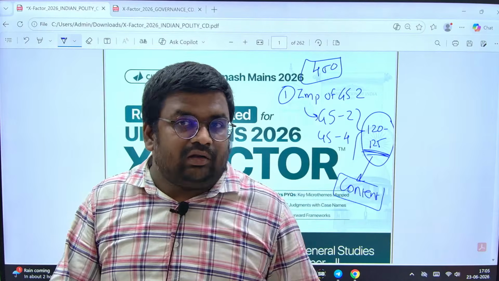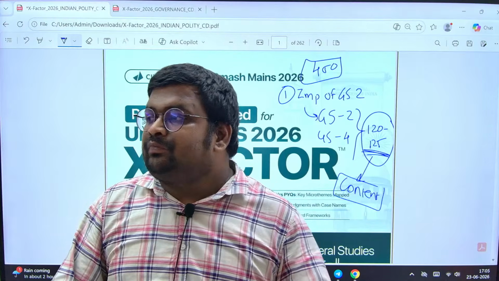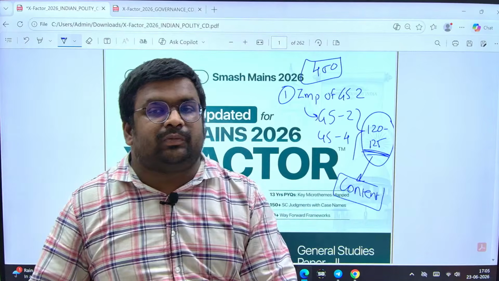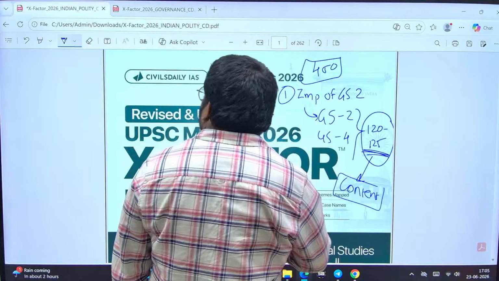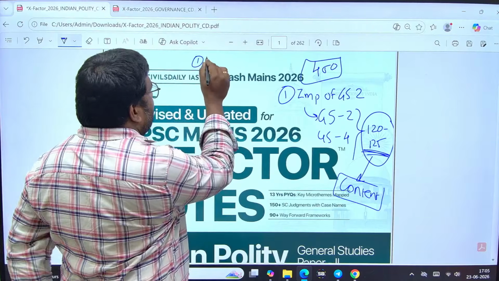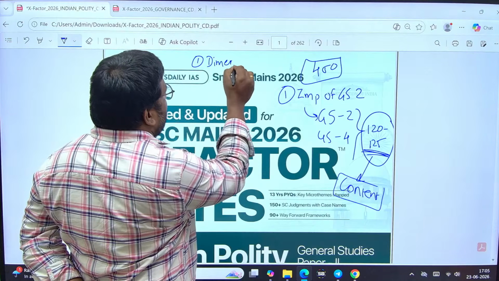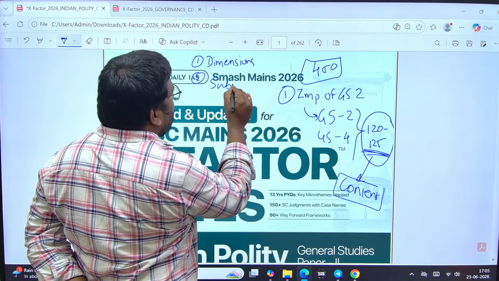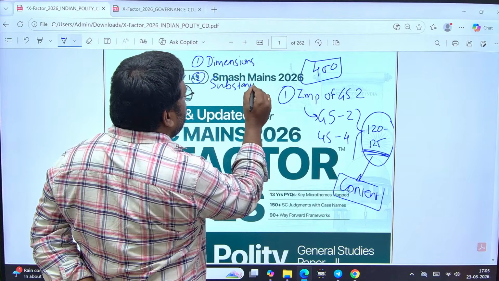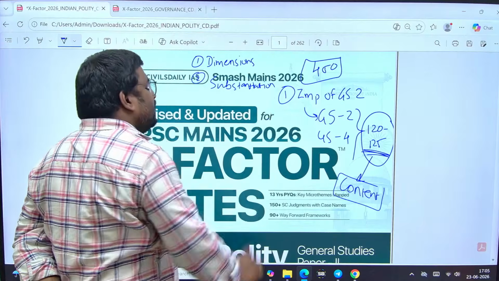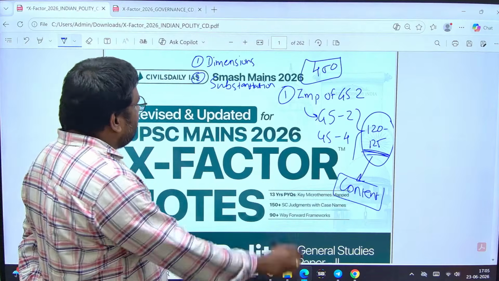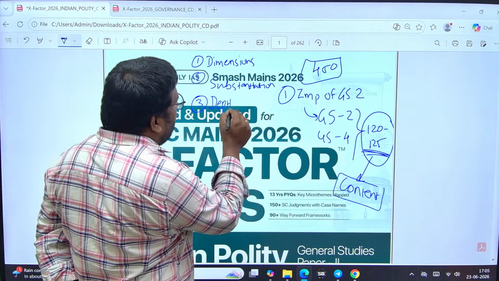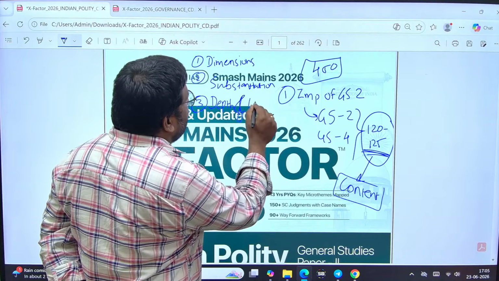So the first angle is dimension coverage. The second angle of maximizing your score in GS paper 2 is substantiation, that is, you need to provide data or examples. And the third is content depth and content uniqueness.